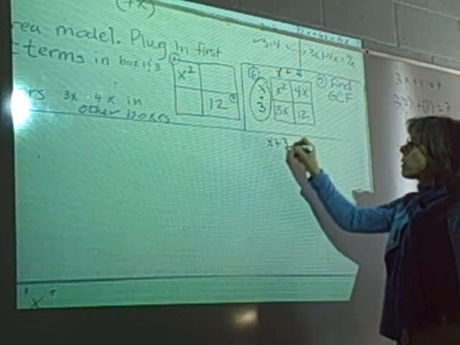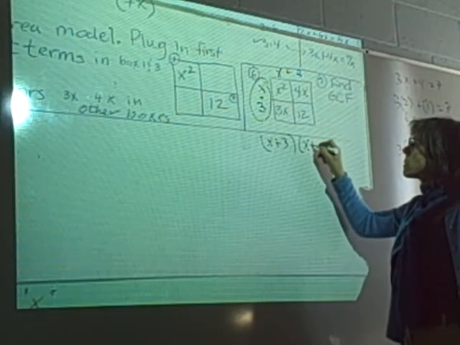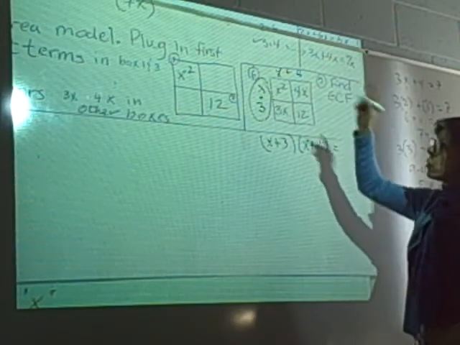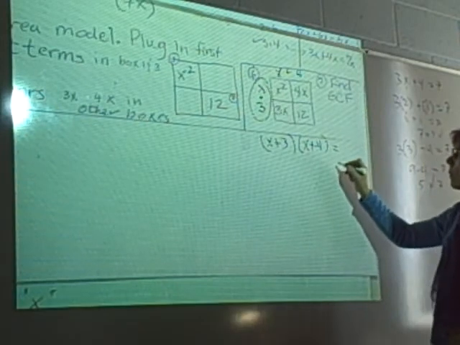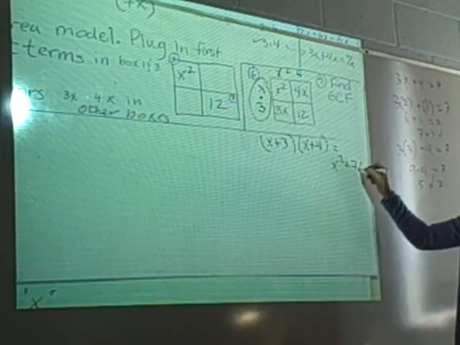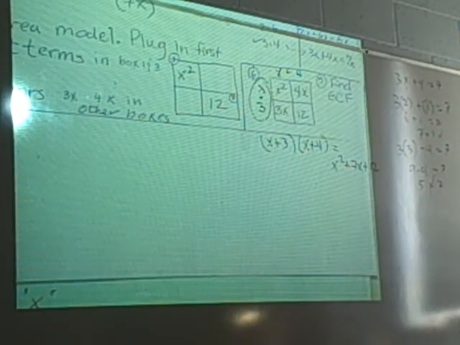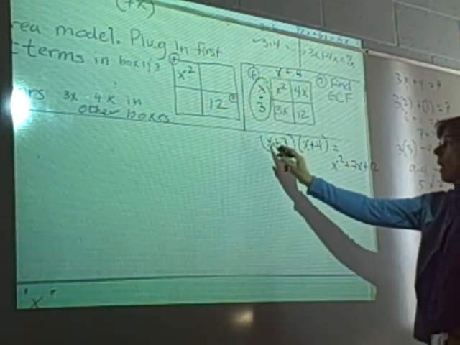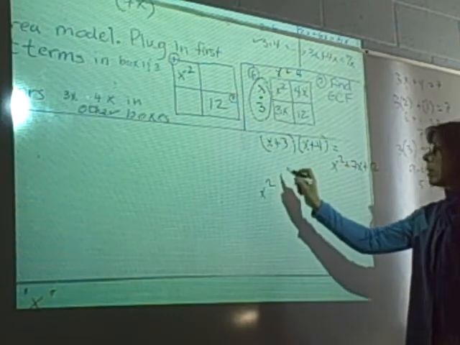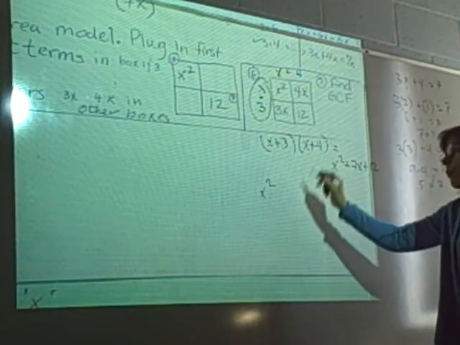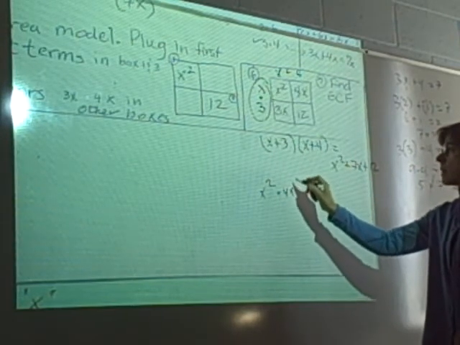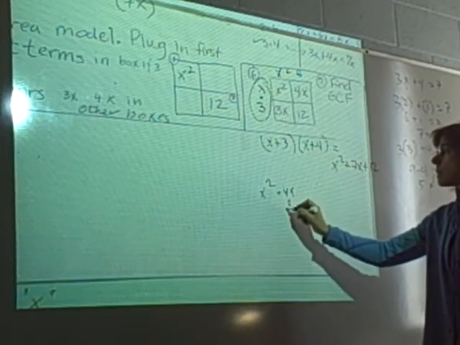So x plus 3 times x plus 4 should equal, what was it, x squared plus 7x plus 12? And I'm going to check that. Okay, so x times x is x squared. X times 4 is 4x. 3 times x is 3x.